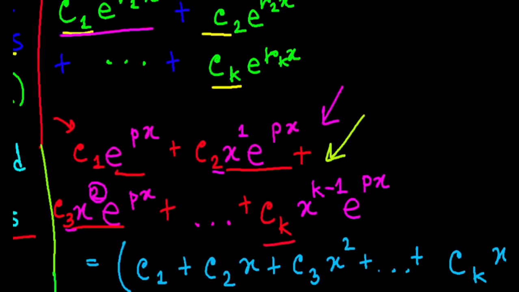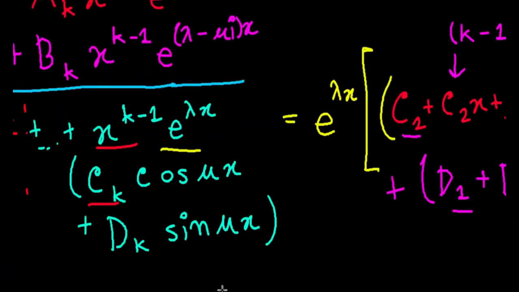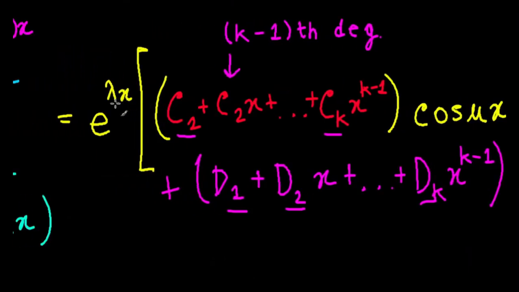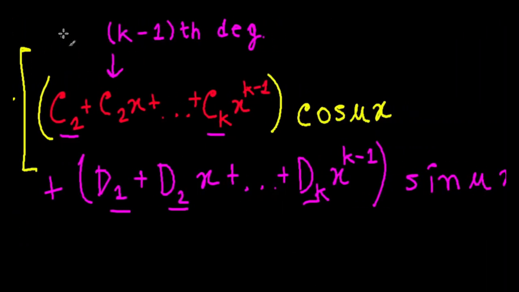But if you want to write your solution in the most concise manner, you can do something like this. So e to the power lambda x, where lambda is the real part of your repeated solutions. It has to be the same. Multiplied by, inside, cosine of mu x, where mu is the imaginary part, either one of them.